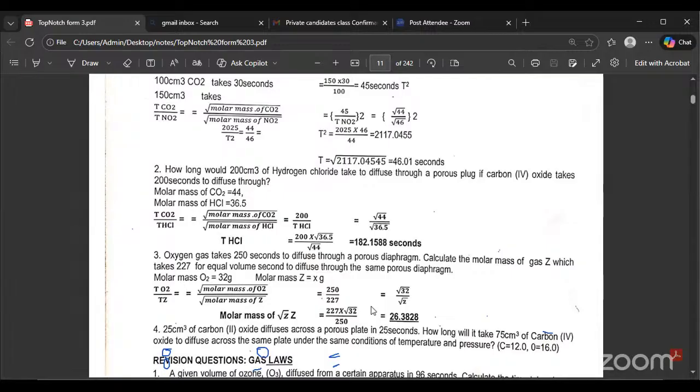Then I do the multiplication with the square root of 32, and then I square. So the answer is actually 26.3828. Now, Monica, I want you to tell me, because you represent most of us, what happened? 29.